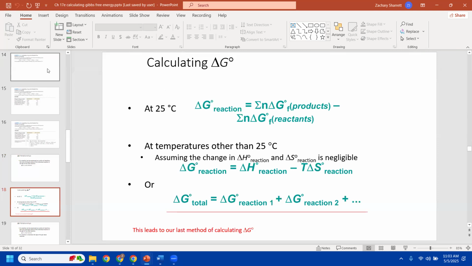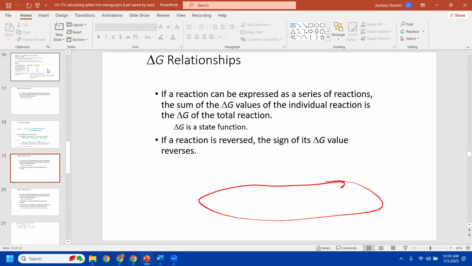Hess's law was taking multiple reactions, adding them together, and whatever the delta H's of reactants and products added up to, after we subtracted out the things that showed up on both sides, that gave us the delta H of the reaction. So we can use that same relationship with delta G's.